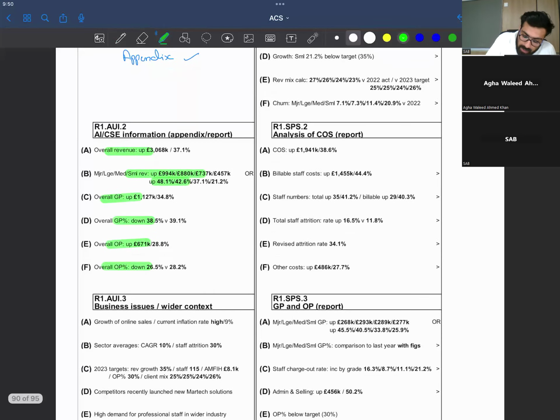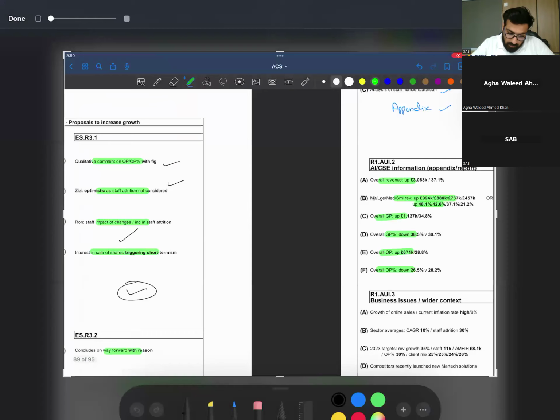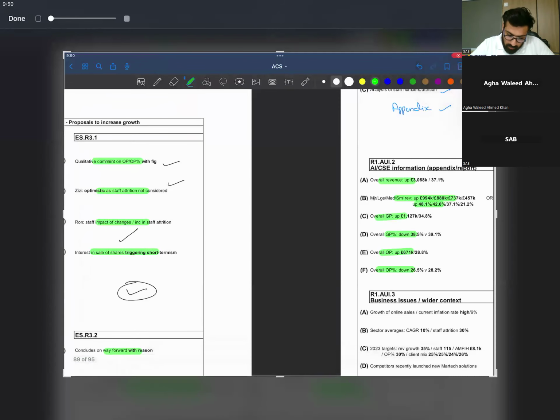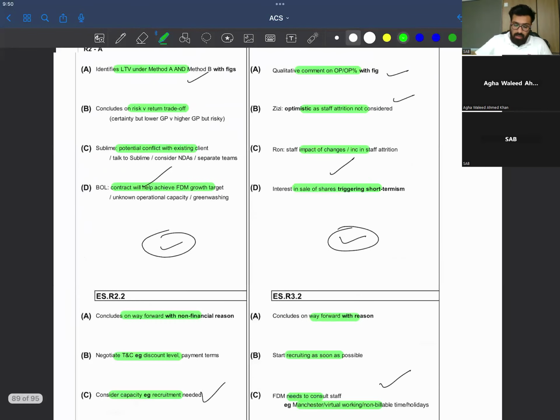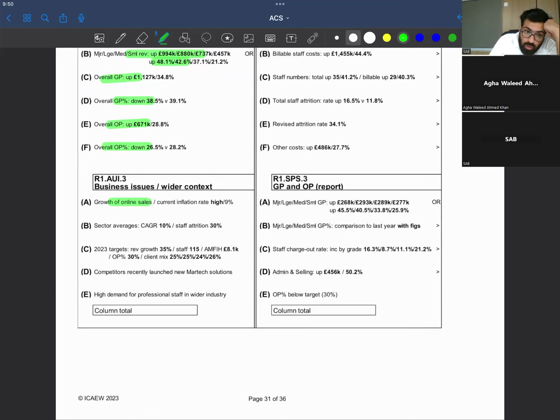Then you have to consider business and wider issues. You have to mention growth in online sales. You have to mention sector averages. You have to mention these growths. You have to mention the competitor analysis.